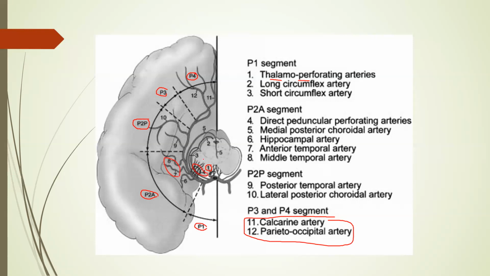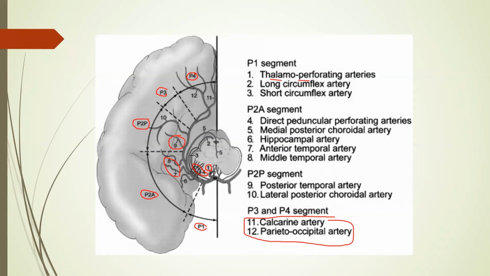P2P is nothing but the posterior temporal. And the remaining we have already discussed. So this is just an idea about how it is divided into segments. Again, it is more of academic value. It doesn't have any clear rationale of how things are divided.